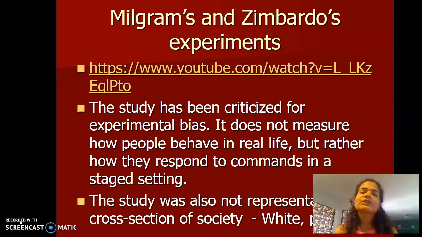That same film, Quiet Rage, also talks about the Milgram experiment that happened a decade before the Stanford prison experiment.